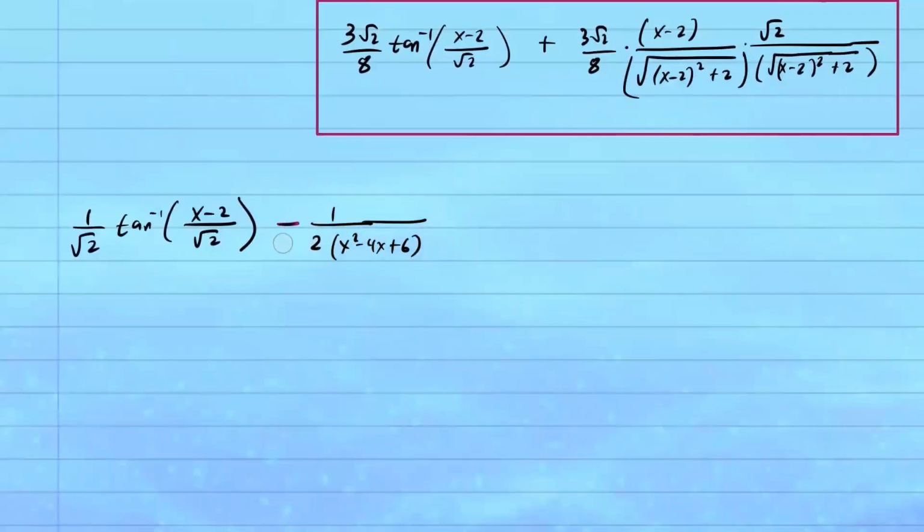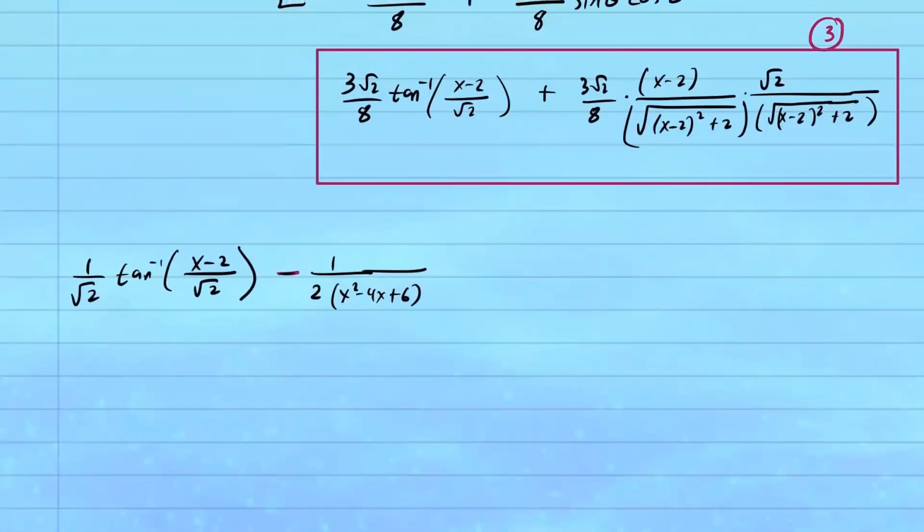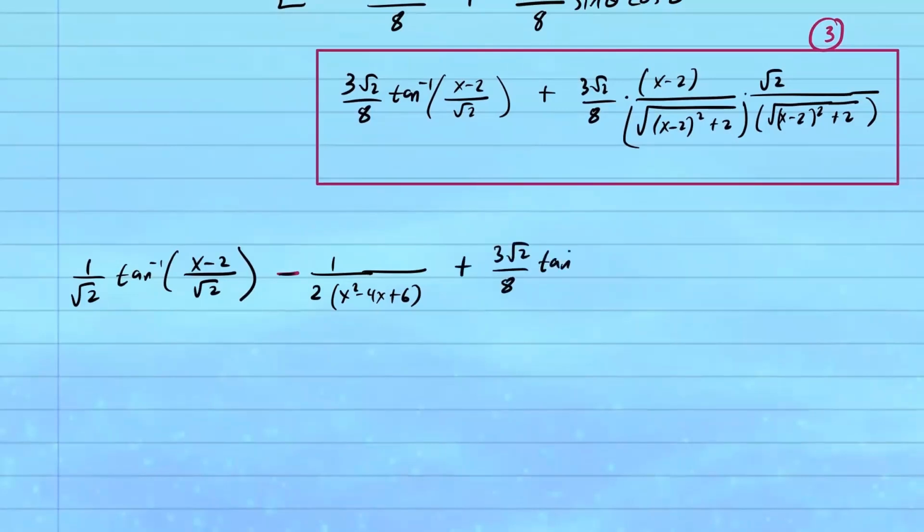So let me just get rid of these. The last answer is the one we just got. So I'm going to rewrite it a little bit. So we got plus 3 square root of 2 over 8 tangent inverse of (x minus 2) over square root of 2 plus, now here I can combine some coefficients.